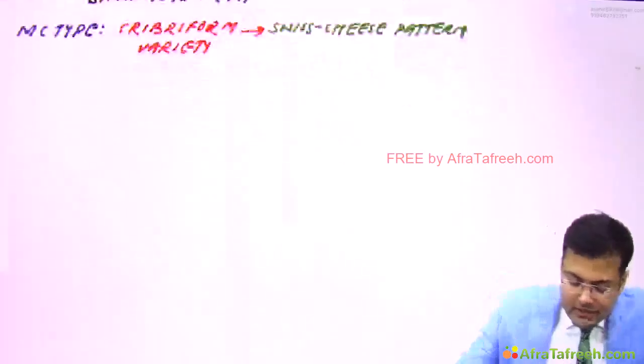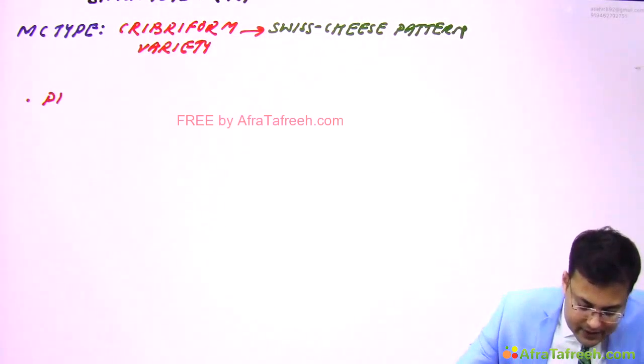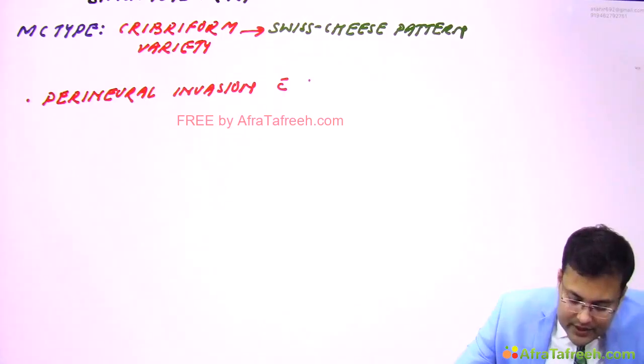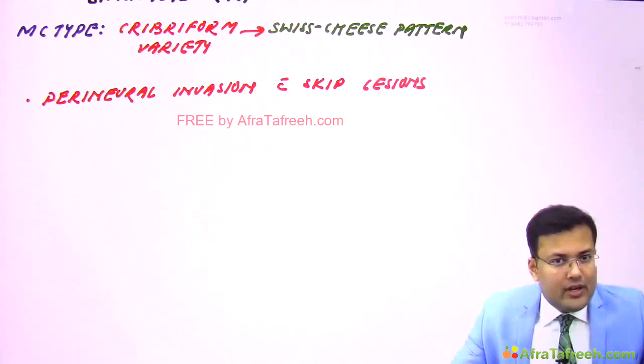So see the special properties. These are frequently asked in exams. First, this tumor has perineural invasion, and there are skip lesions. With skip lesions, it means if you go for a biopsy and the site of the nerve is negative, with no tumor, it is not a guarantee that the nerve is not involved.